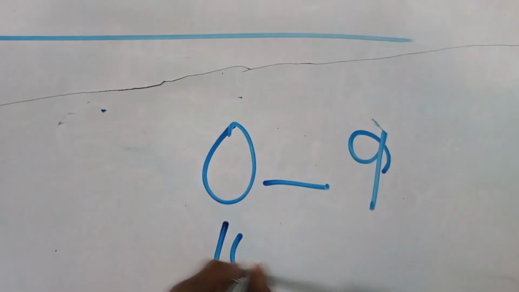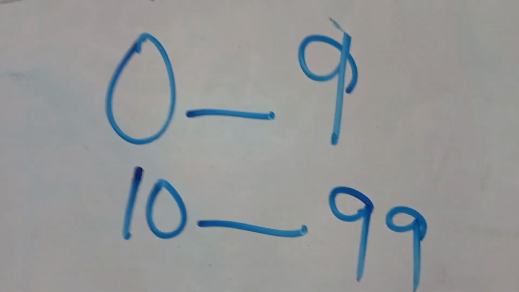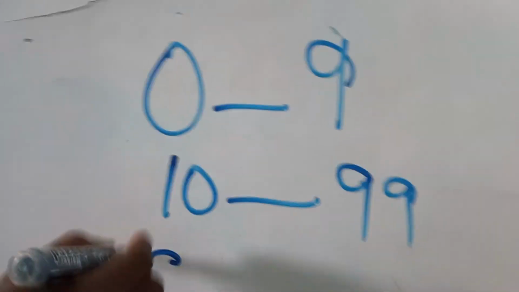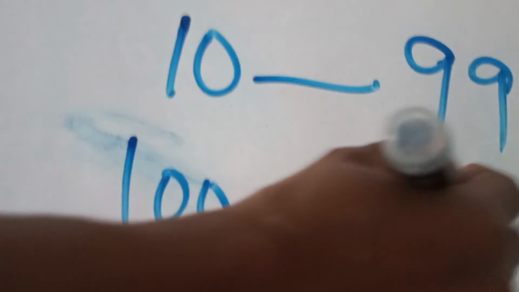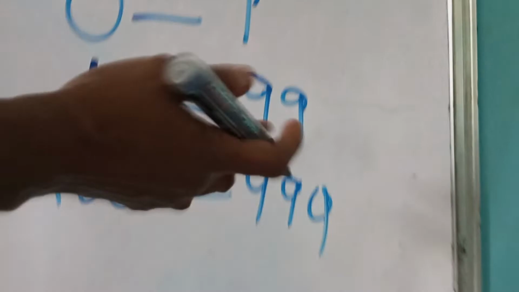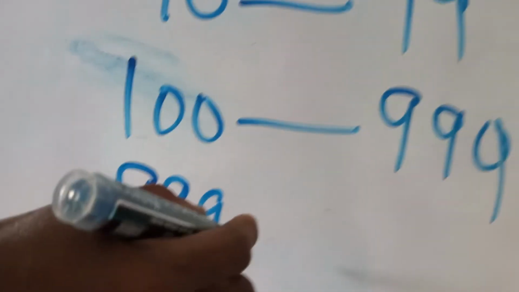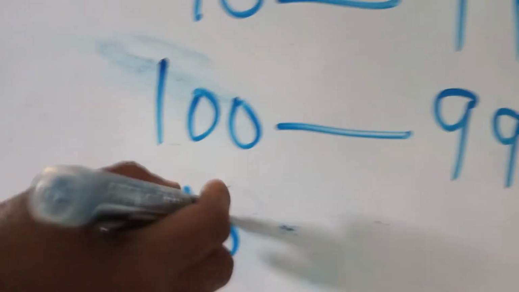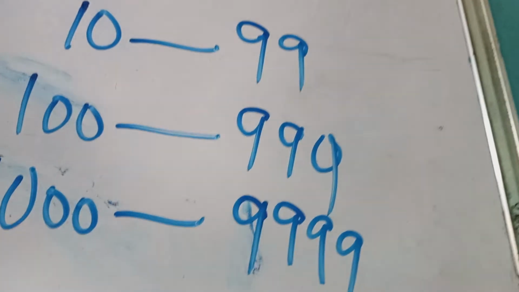Then from 10 down to 99 falls under tens. Then from 100 down to 999 falls under hundreds. And then from 1,000 down to 9,999 falls under thousands. Just like that.